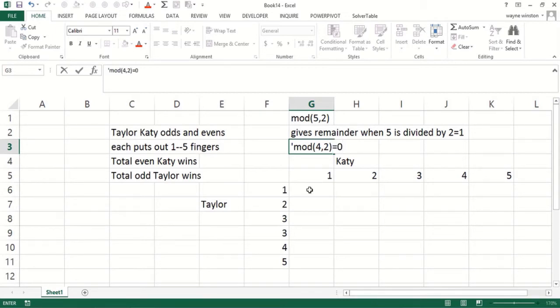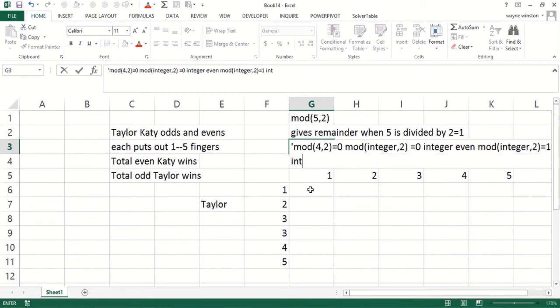So if you do mod of an integer comma 2, if that equals 0, the integer was even. If mod of the integer comma 2 equals 1, the integer was odd.